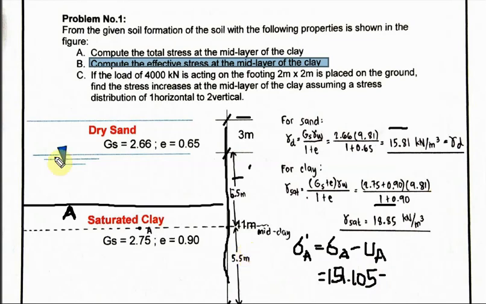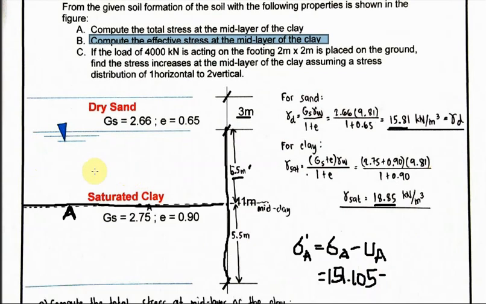Okay, kung asa but ni ang gikan or asa pa ni nga point taman ang water table. So dire is from point A ra. So from water table up to point A is ang distance or vertical distance which is 5.5. So meaning 9.81 times 5.5.